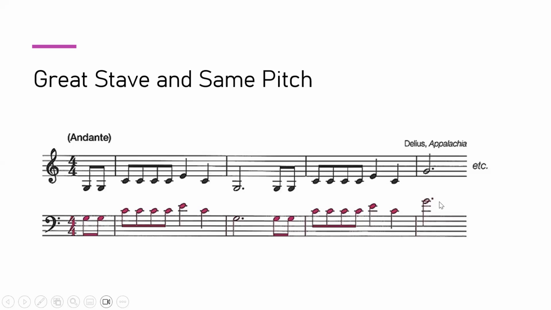Now, somebody is going to ask, what if I decide to write this G here on this space? You are no longer writing on the same pitch. You are rather writing it an octave lower. All right? That is an octave lower.